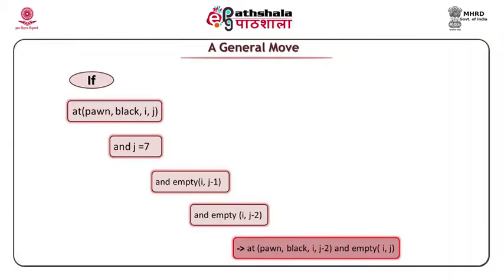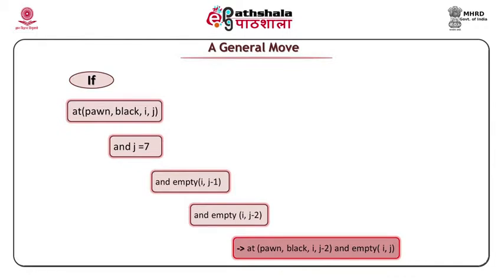Look at that. It says if at pawn black i j, that means there is a black pawn at position i and j equal to 7. Now, if you look at that figure, it is the initial position. j equal to 7 indicates that it is the initial position of that black piece, and empty i j minus 1, in fact that is the next block.